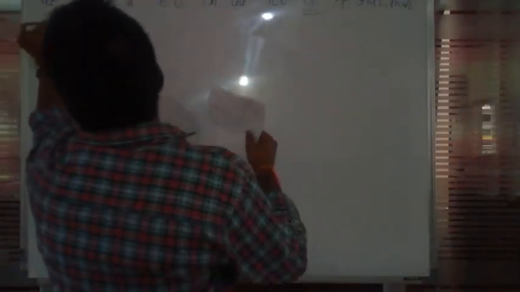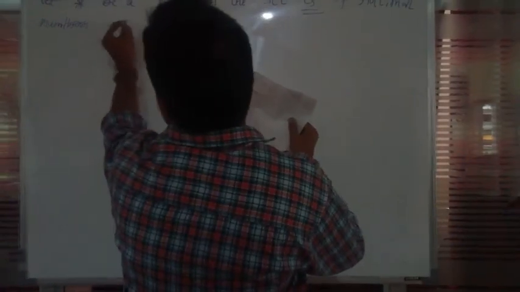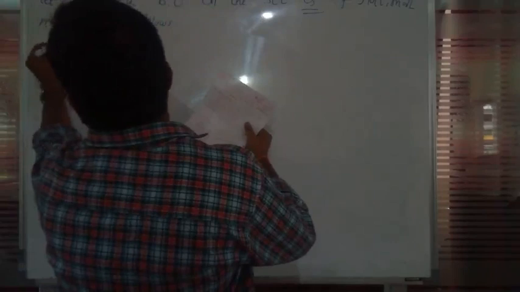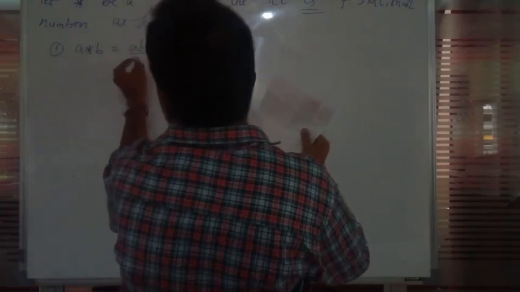Rational numbers. Q of rational numbers, defined as follows. First one is a star b is equal to ab by 4.